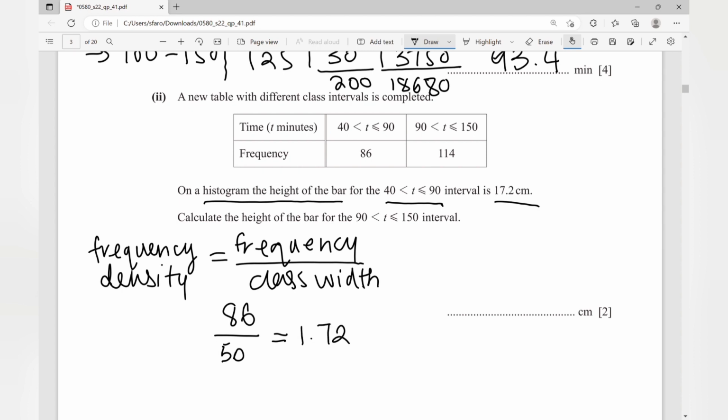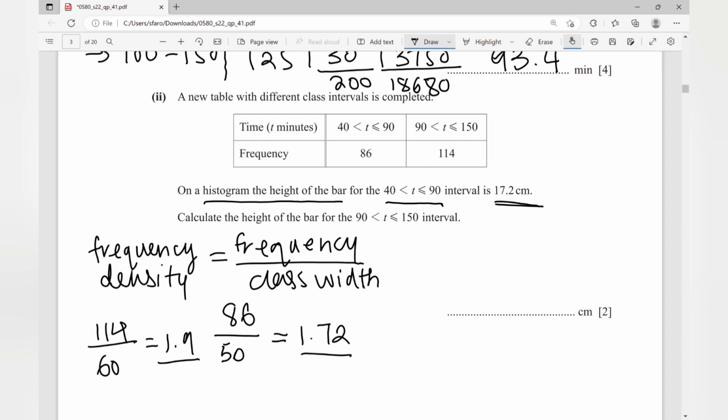So now let's do the same for 114. 114 divided by 150 minus 90, and 150 minus 90 is equal to 60. This will give us 1.9. When the frequency density is 1.72, the height is 17.2. This means the height is 10 times the frequency density, so we multiply 1.9 by 10 and get 19.